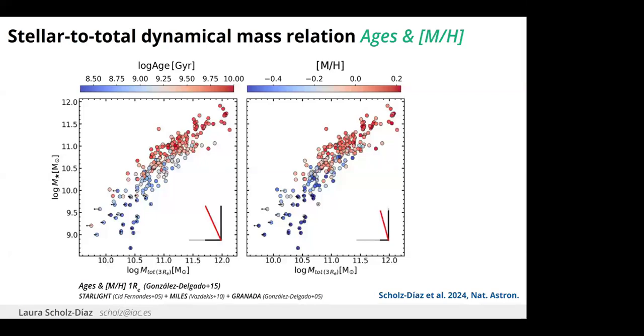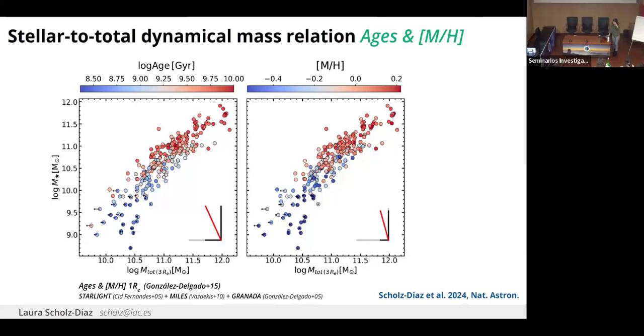My question is, if you have looked at the number of members in the group, or satellites, and if it has any relation with the halo mass at a given central stellar mass? Yeah, I don't have it here, but we looked at this in the first paper.